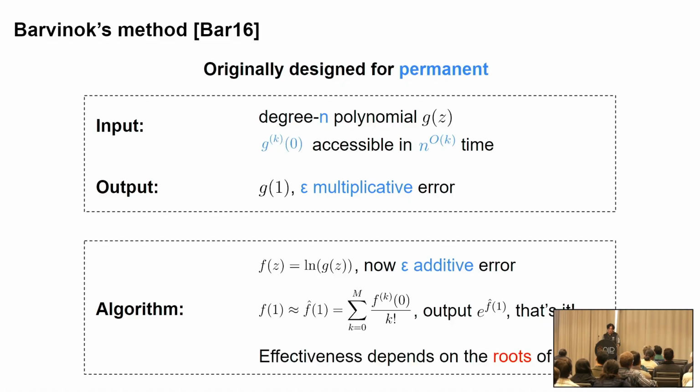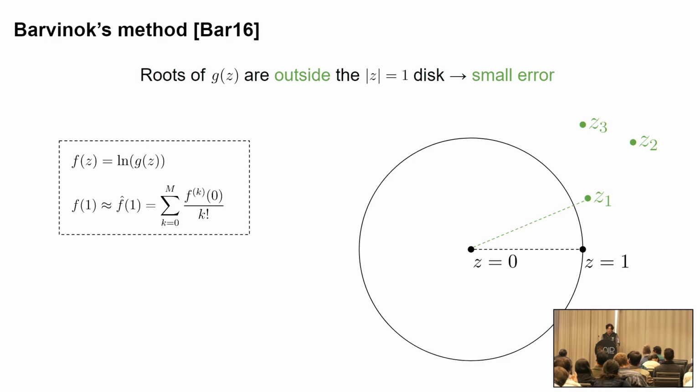So while this is a very simple algorithm, the effectiveness is not that easy to analyze. In particular, it depends on the location of roots of g(z), which determines the analyticity of f and thus the quality of the truncated Taylor expansion. If all the roots of g(z) are outside the z equals 1 disk, then we have a very small error.